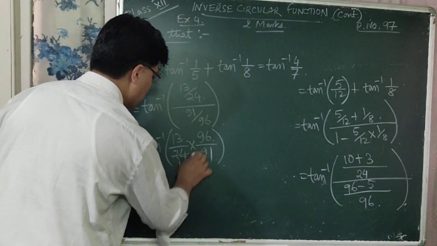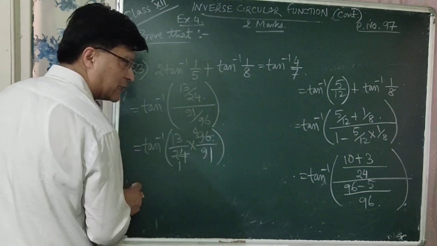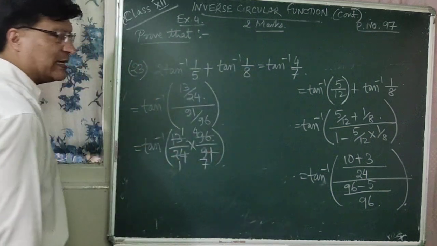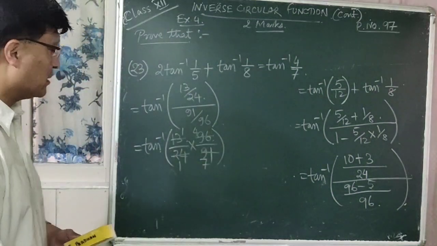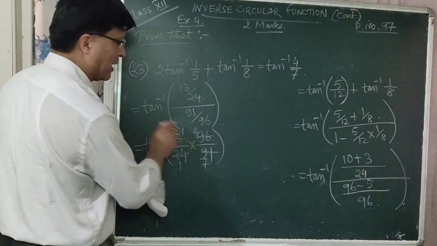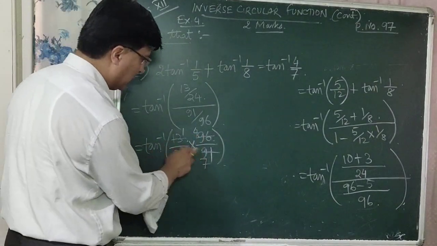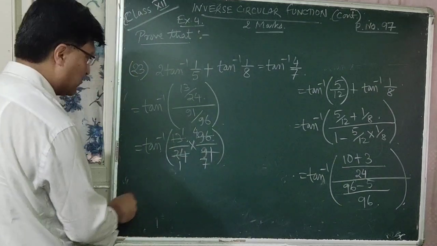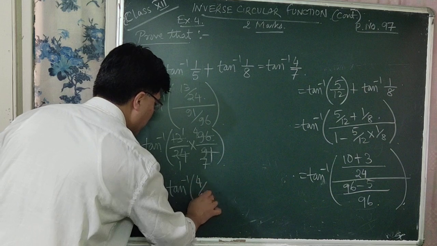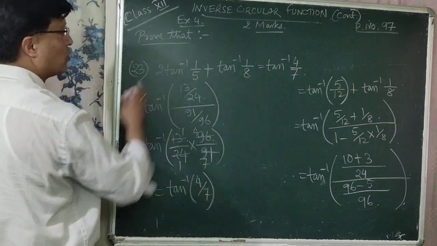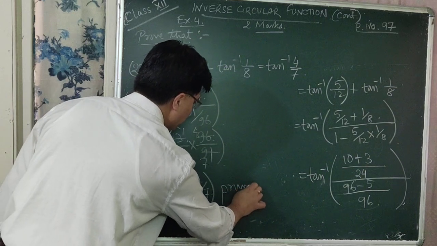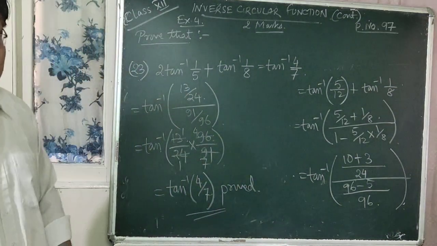So 24 ones are 24, 24 fours are 96, isn't it? 13 ones are 13, 13 sevens are 91. 24 divides 96 exactly 4 times. 13 divides 91 exactly, that is 7. So which is equal to tan inverse, this is 4 upon 7. So we have got this right hand side. So it is proved. So we have done number 23.